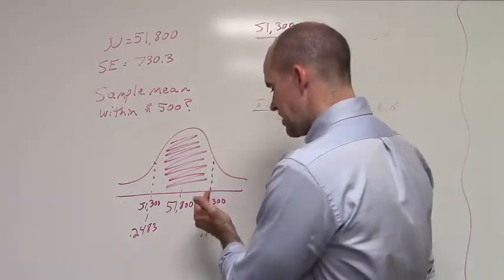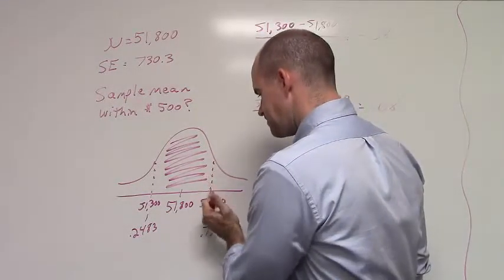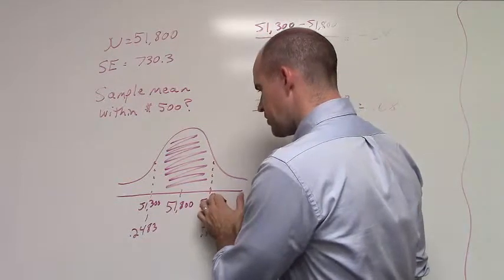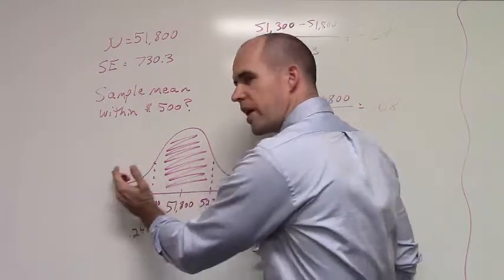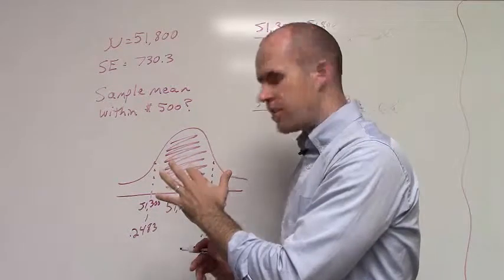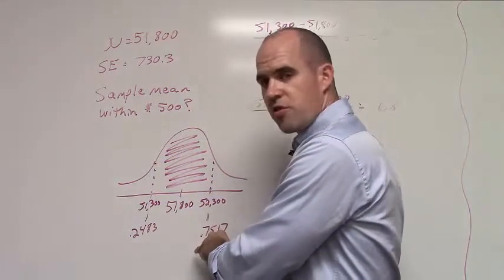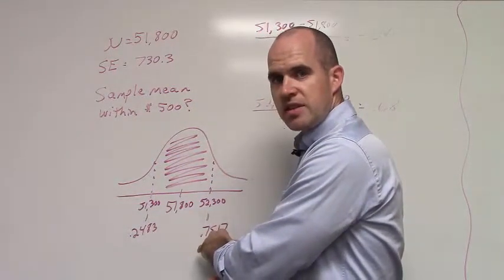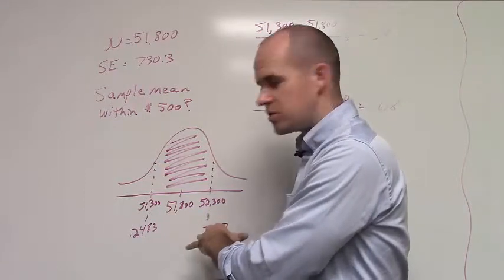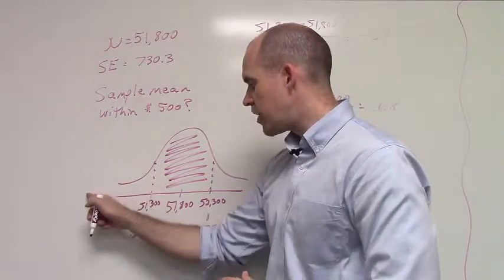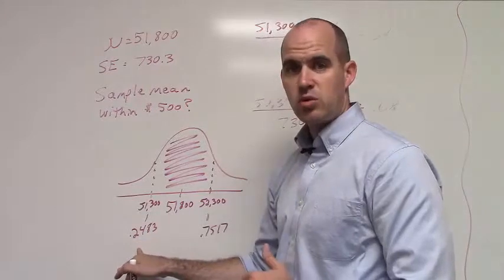It means that this value here, this 52,300, from here all the way over under this density curve, comprises over 75% of the entire curve, of the entire normal distribution. And from here all the way over comprises about 25%.